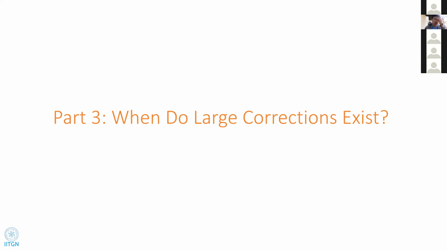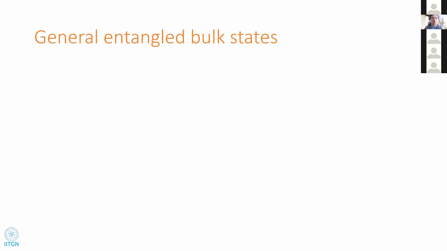More generally, we'd like a general set of rules for when large corrections will exist to the QES prescription. For slightly more complicated states than the ones I just talked about, you can still approximately do the replica trick calculation and you just get an answer, a generalization of the thing I just said.